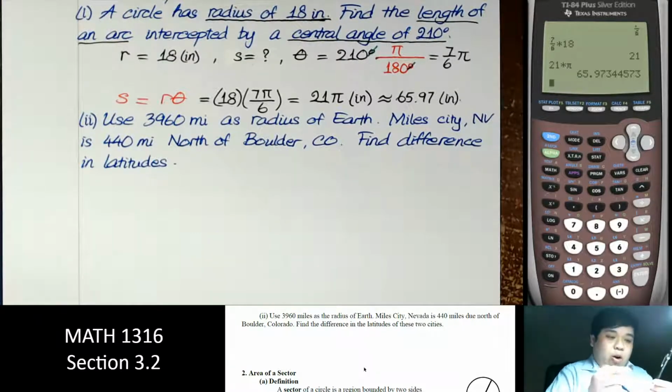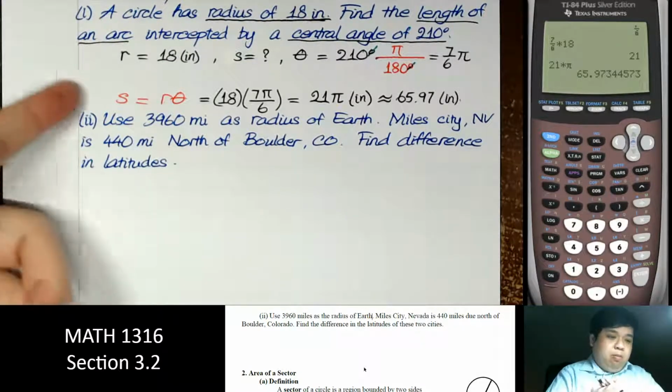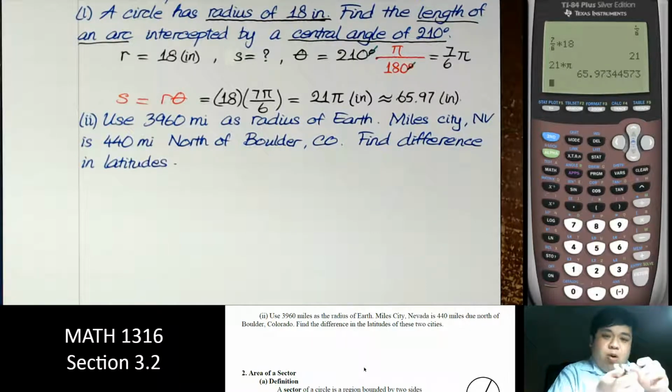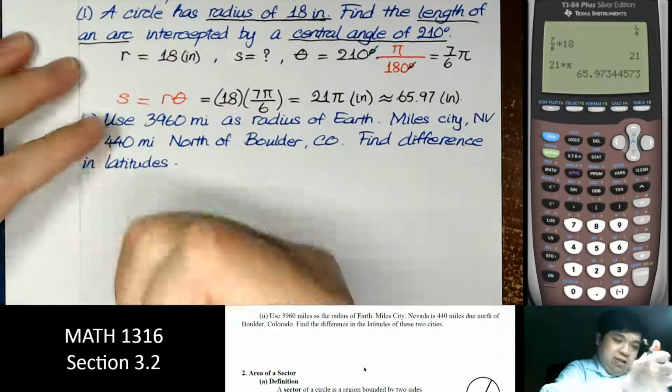So I'll try to draw a circle here. Both of these cities, as with most of the United States, are in the northern hemisphere, so we only need to draw the upper half.